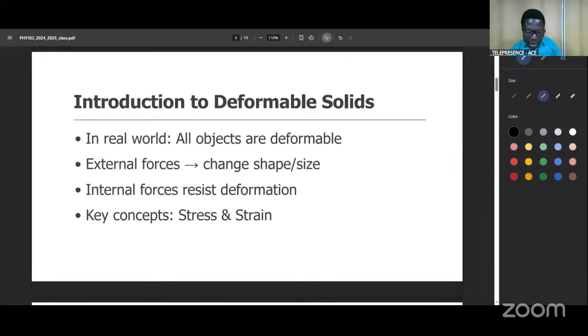So when you are given a question and they give you parameters in the form of other things that do not come directly, for instance, you can be given the length and breadth of a material, and they give you a force applied to that material and ask for the stress.